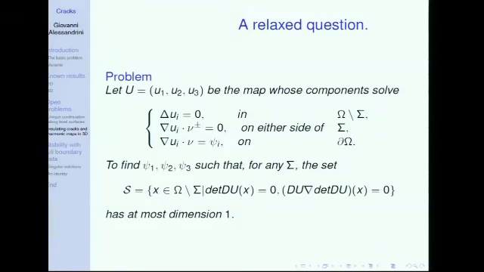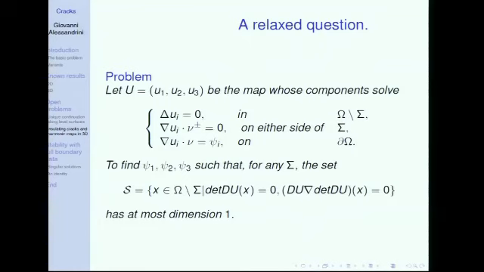So here is again the boundary value problem for the perfectly insulating case with three different current densities which need to be chosen, and we want to choose such current densities in such a way that the set in omega minus sigma where two things happen.